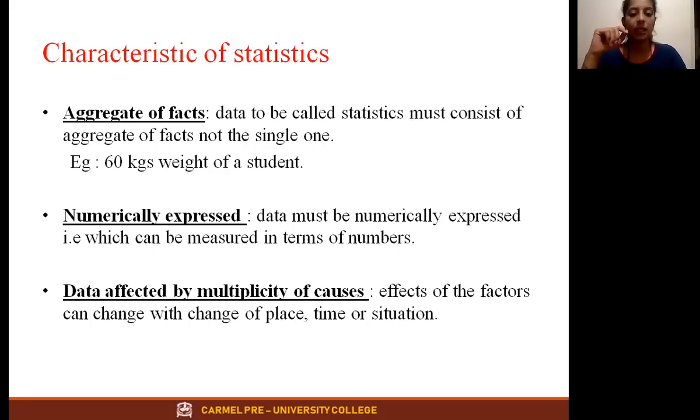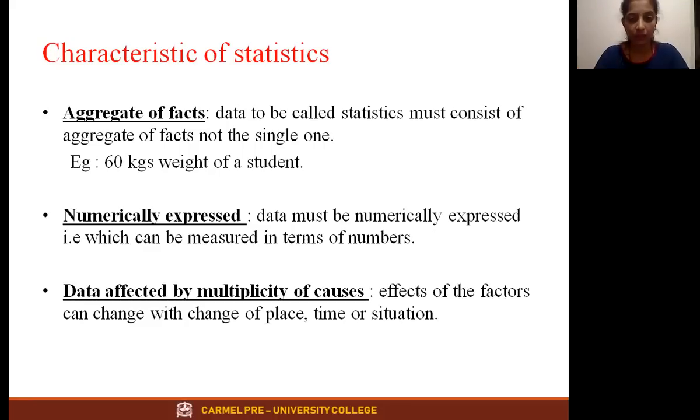For example, 60 kgs is the weight of a student. Can a single student's weight be considered statistics? No. Why? It is a single number, the weight of a particular student. How can you call it statistics?